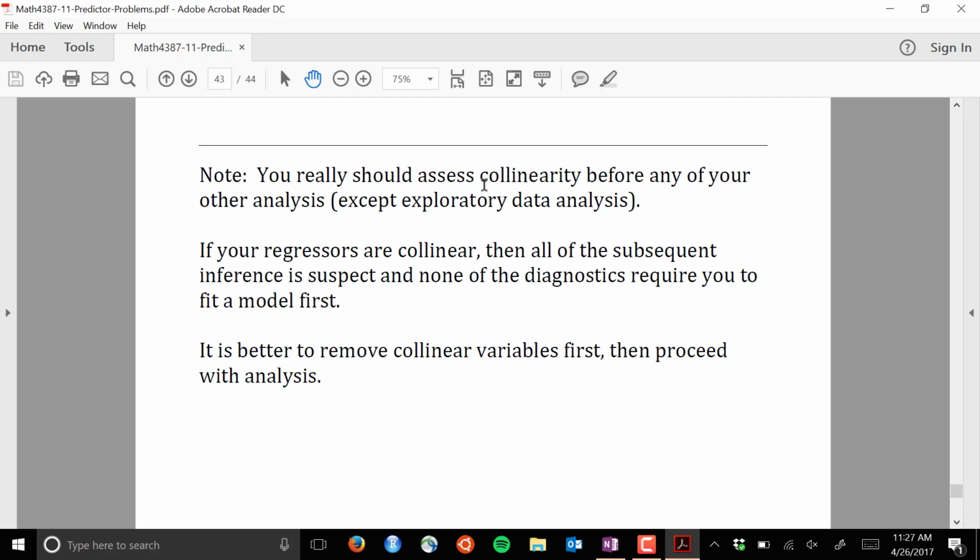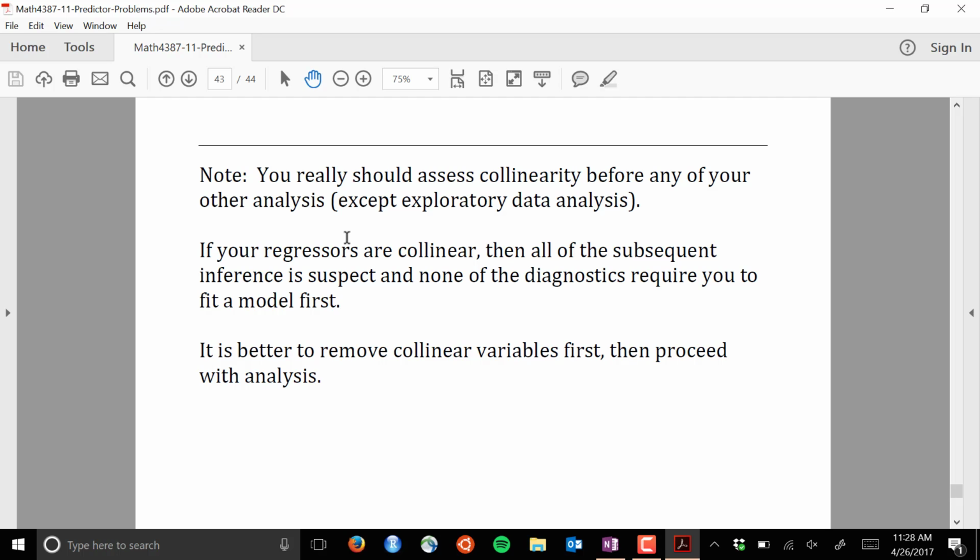So actually, you should check for collinearity before you even do the model selection process. So after you do exploratory data analysis, so after your initial plots, looking at the general relationship between the response and the predictors and regressors, and looking at the various summary statistics, after you do that, that's when you want to check for collinearity, because you actually want to remove collinear regressors from your model or from consideration before you even start the model selection process.